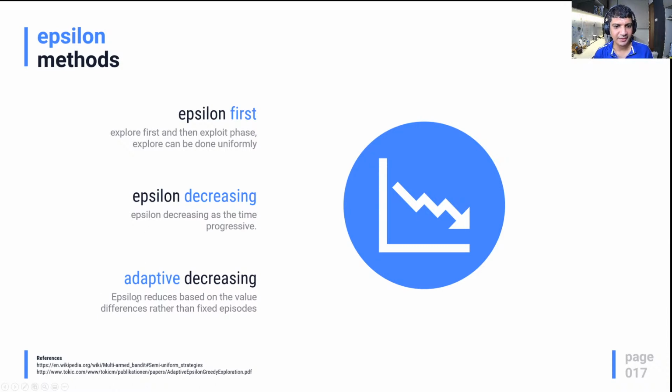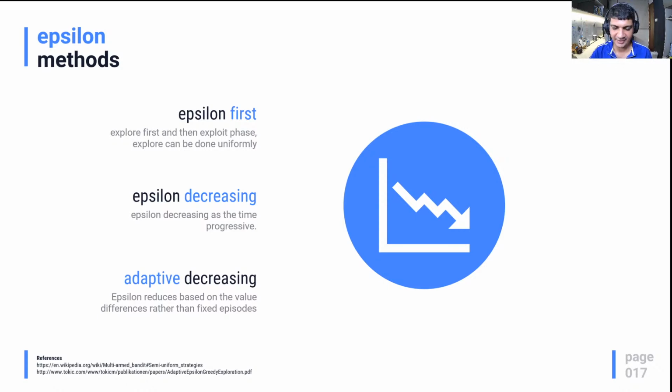The other one, some recent papers have talked about adaptive decreasing. Again, similar ideas from deep learning. So instead of looking at a scheduled interval, you work with how much your model has learned, and on that basis you define your epsilon value, right?